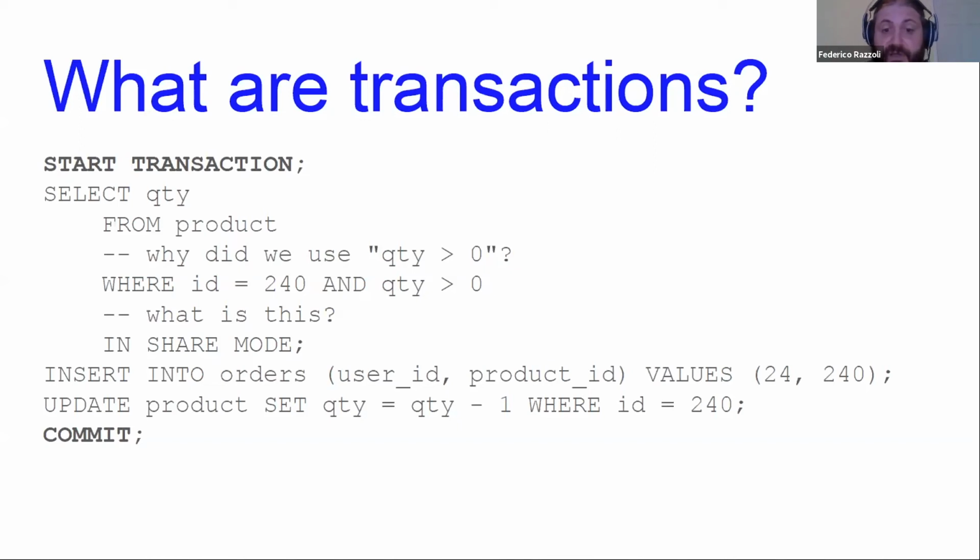The quantity will become -1, which is quite weird, but even worse, both orders will be placed. In some cases it is not important to use transactions, but when we deal with important data like sales, money, and so on, it is very important to use transactions and avoid ending up with inconsistent data.